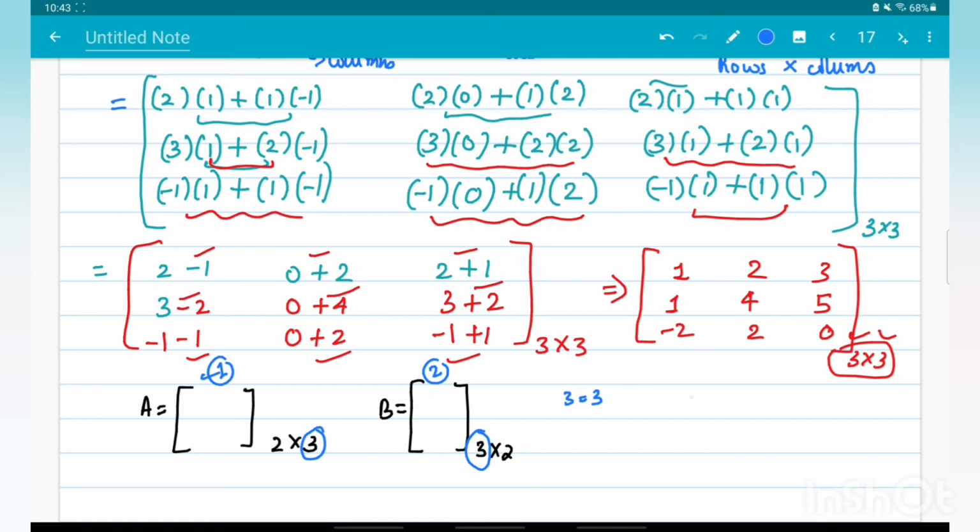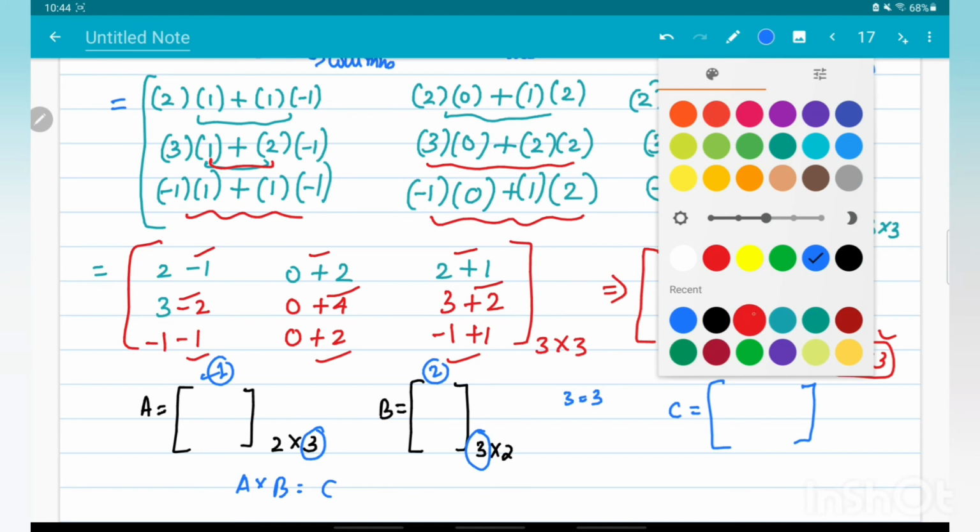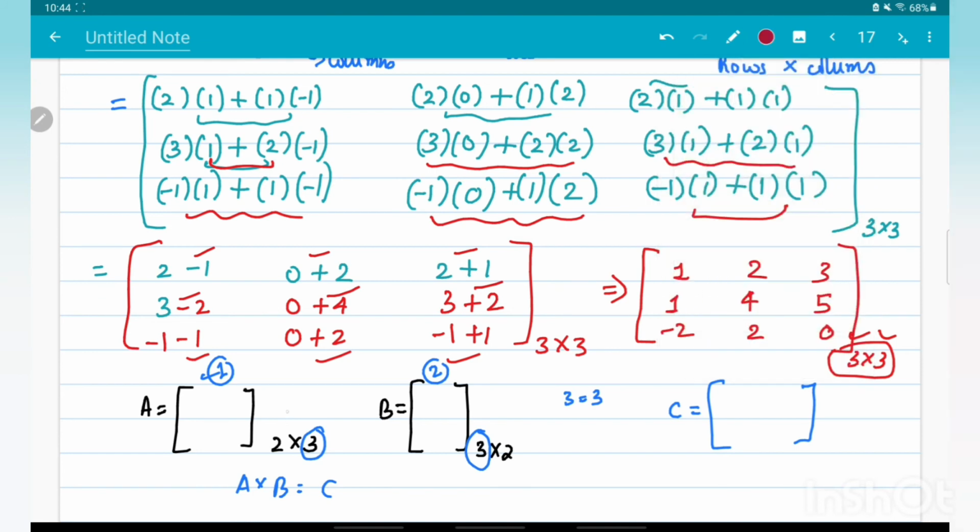Now suppose C is the resultant or final answer of A cross B, that is, the multiplication of these two matrices. If I ask you what is the order of this matrix C, you will take the rows of the first matrix and the columns of the second matrix, and this will become the order.